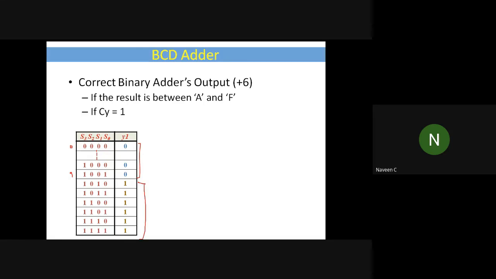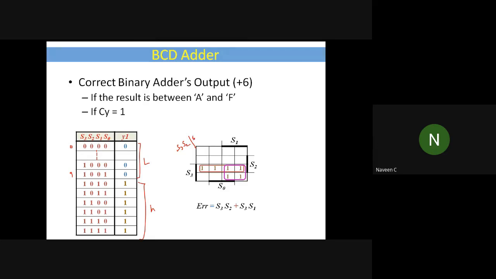You can take this as high and this as low. So I need to now draw a truth table to understand the relationship of this process. I'll draw the truth table with respect to S3, S2, S1, S0.